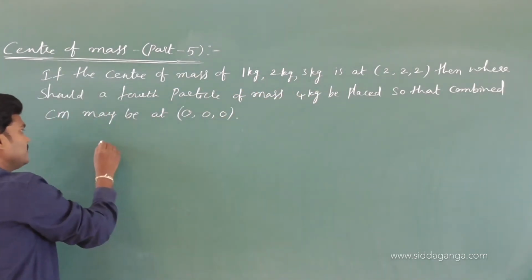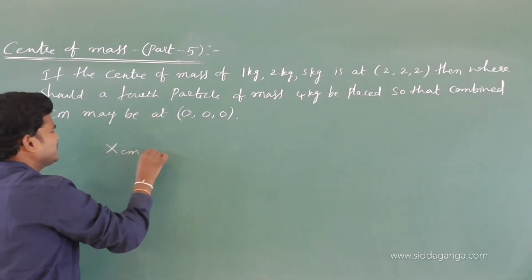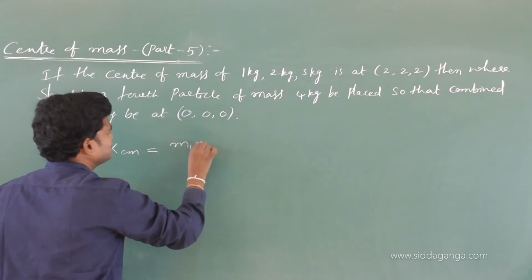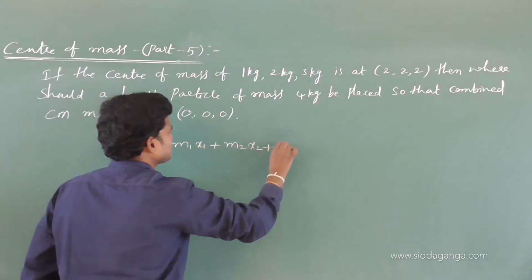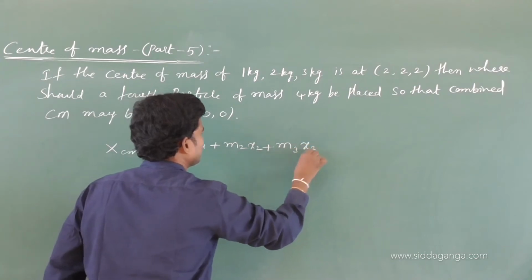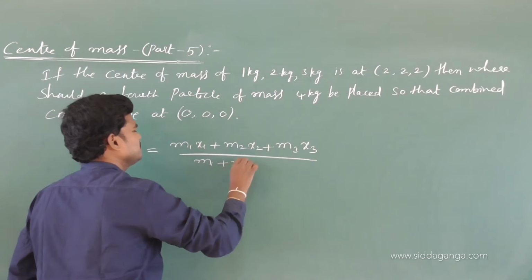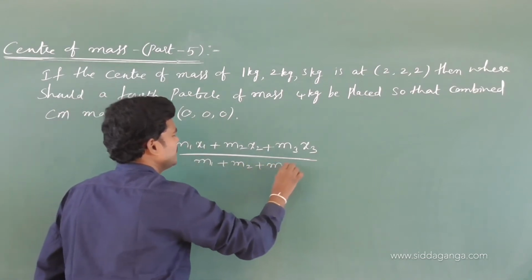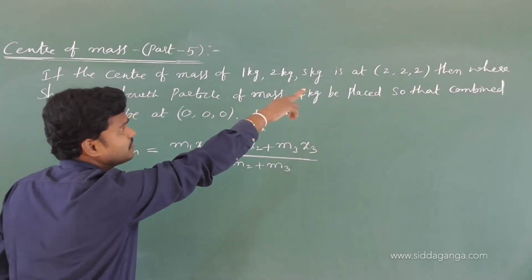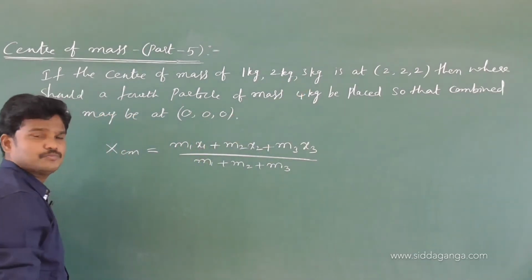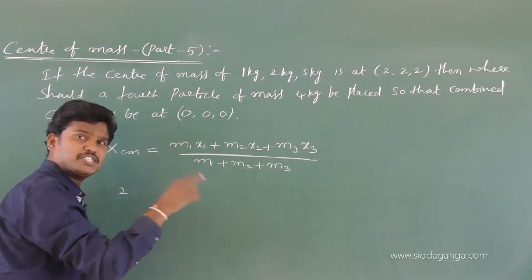So let me solve only one coordinate now, Xcm. Xcm is (m1x1 + m2x2 + m3x3) by (m1 + m2 + m3). For 3 particles, the center of mass is given as 2, 2, 2, so Xcm is 2, Ycm is 2, Zcm also 2.